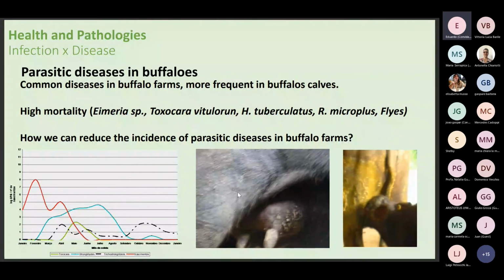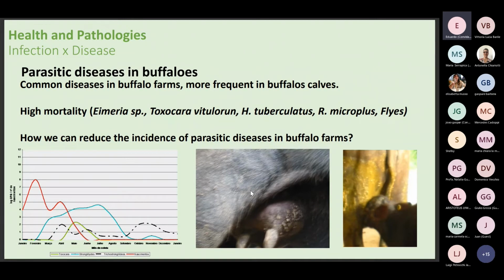For ectoparasites, we have Haematopinus tuberculatus, a specific lice of buffalo. Only buffalo have Haematopinus tuberculatus infections. Rhipicephalus microplus, when we have a high challenge of Rhipicephalus microplus larvae in the environment, as well as flies, such as Haematobia irritans, Musca domestica, and Stomoxys calcitrans, are very common, especially in tropical environments.